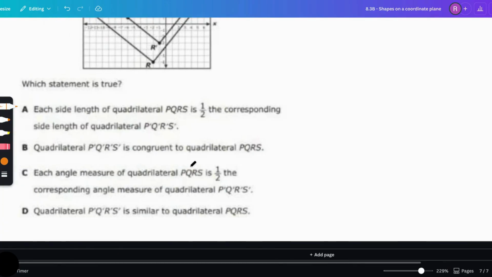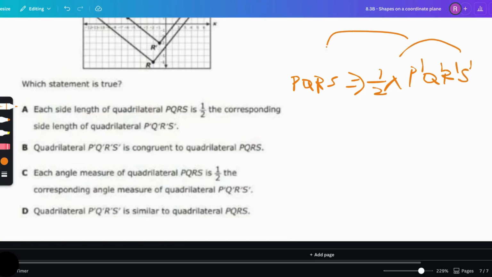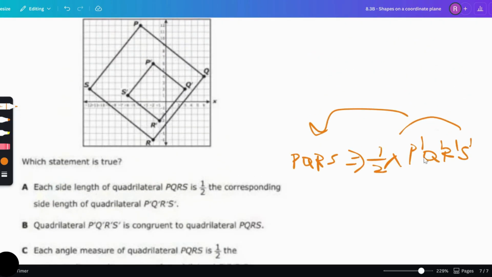So the first statement says, each side length of quadrilateral PQRS is half, that is, PQRS is half times P prime Q prime R prime S prime. This shows that this one must be bigger than this. But if you look at the shape, PQRS is actually bigger.